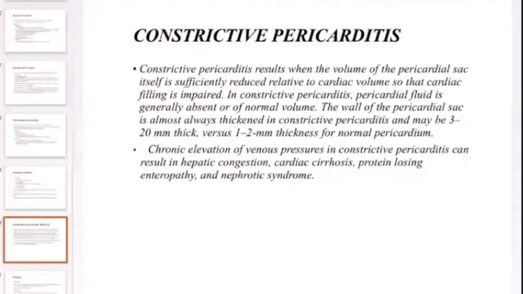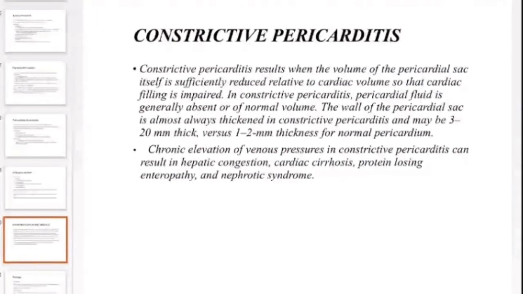In constrictive pericarditis, normal pericardial thickness is only 1 to 2 millimeters. Here it starts thickening, from more than 3 millimeters up to 20 millimeters. Chronic elevation of venous pressure in constrictive pericarditis means an increase in JVP, low volume, and muffled heart sounds.